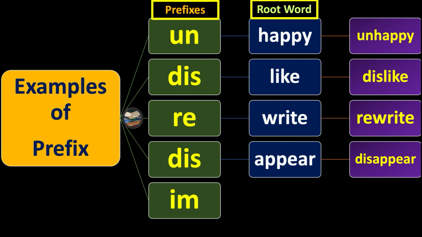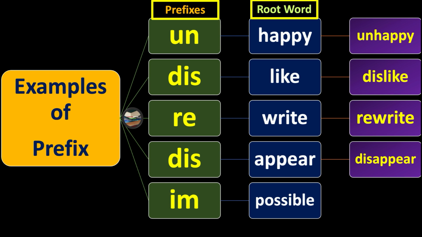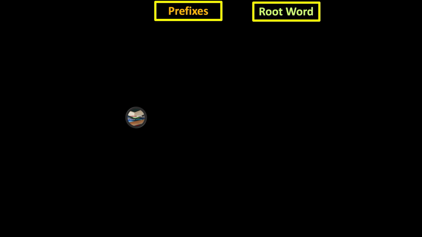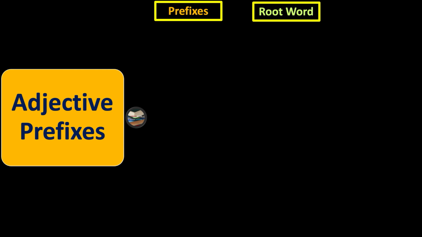Then we have the root word possible, and then we have a new word impossible. So all these un, dis, re, dis, they are known as prefixes because they appear at the beginning of the root word. Okay, we have some more examples to understand this concept.